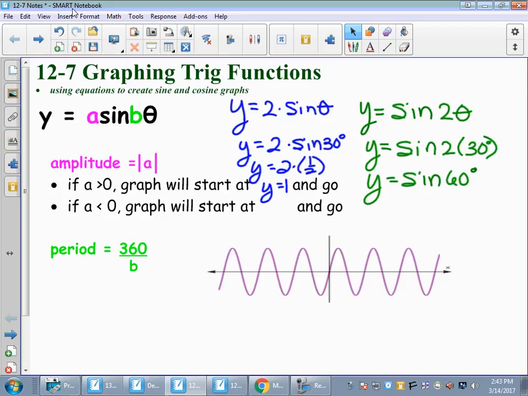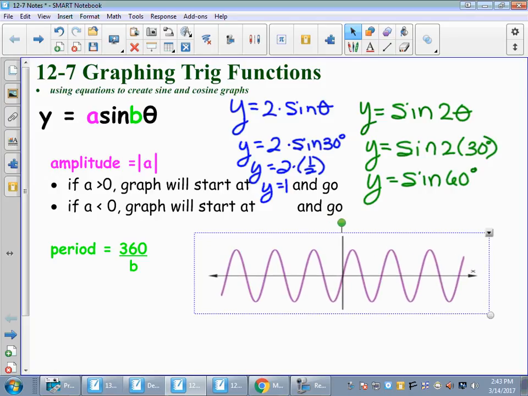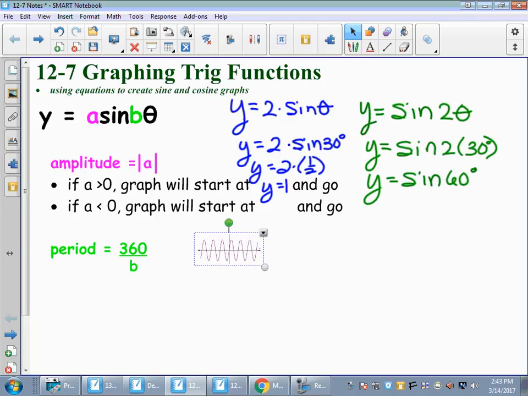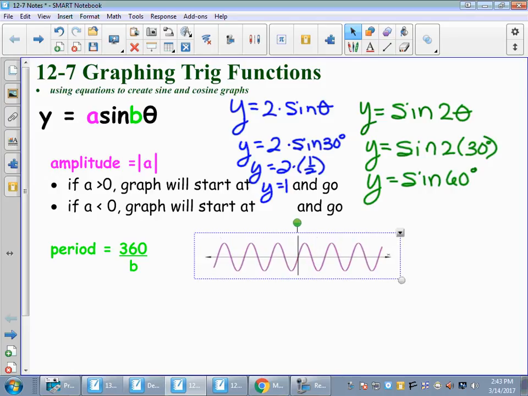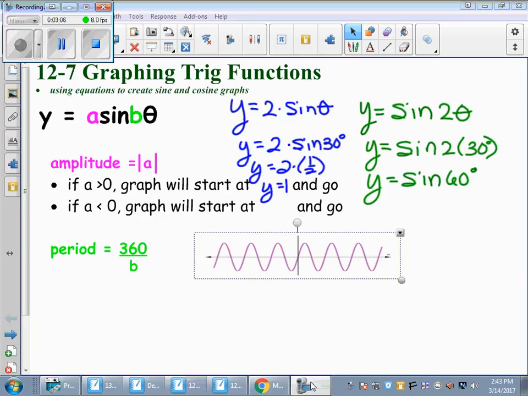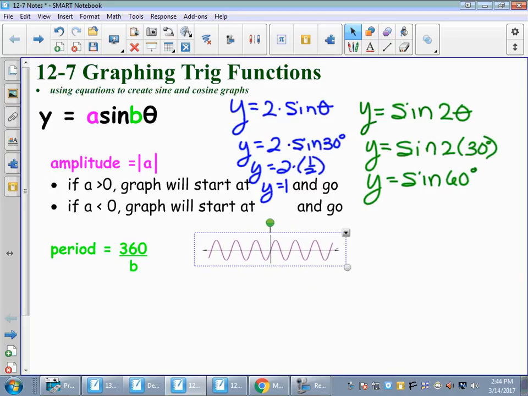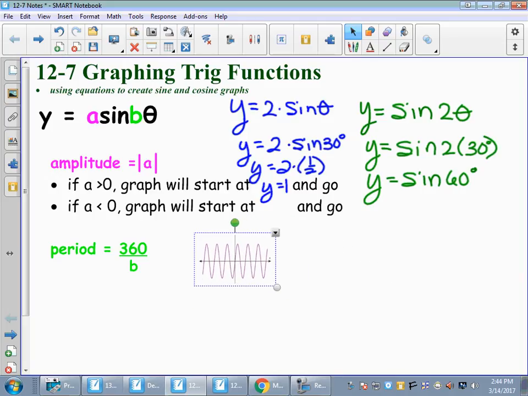So if that B value is a large number, when you divide 360 by a large number, the value gets smaller, so it's going to compress, because you have to have more cycles within that 360.